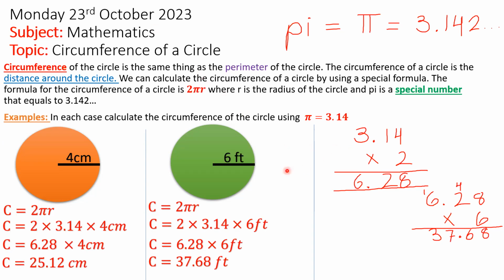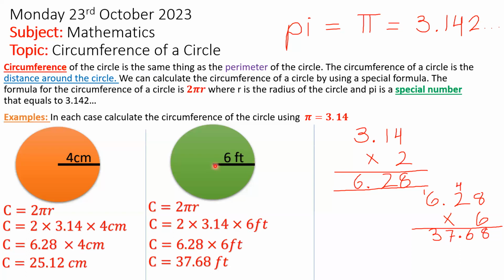So pi is equal to 3.14, which we know. And we got 6 from the radius of the circle.